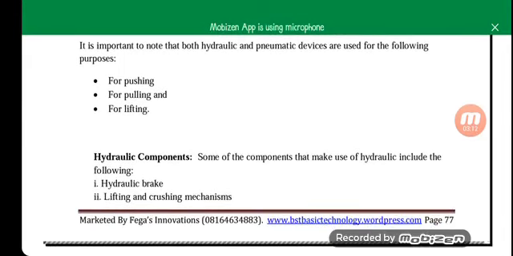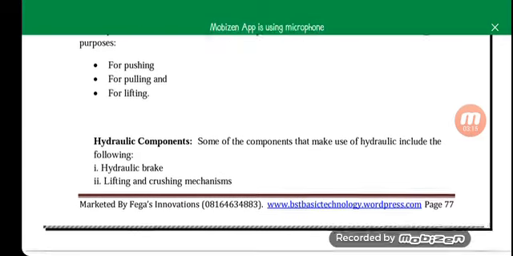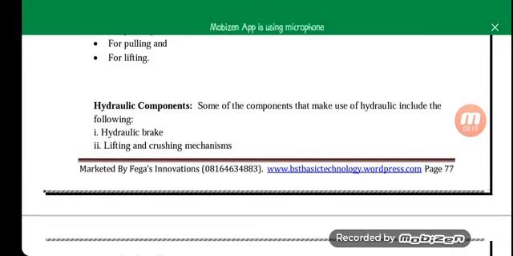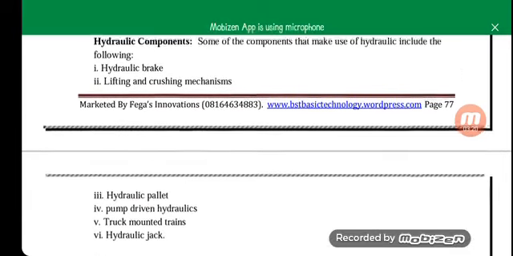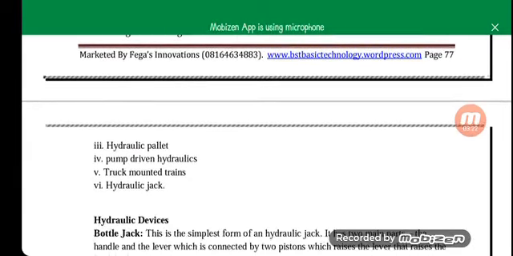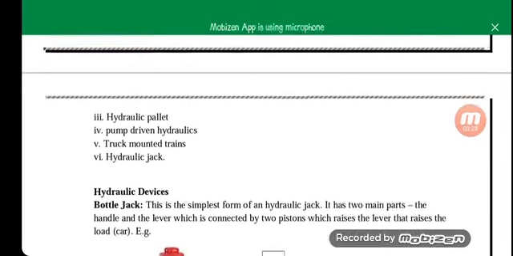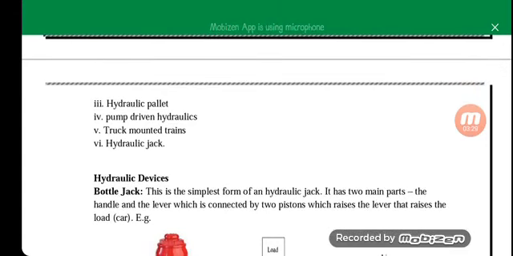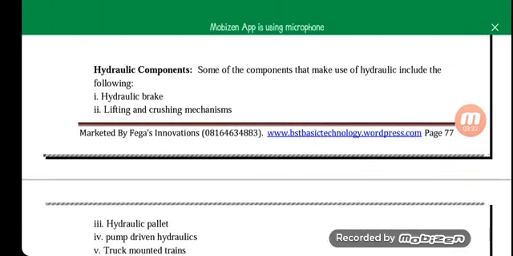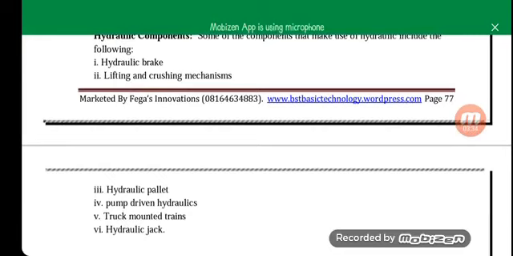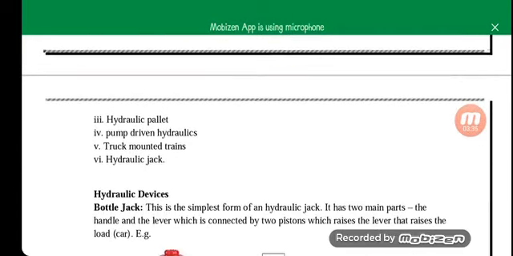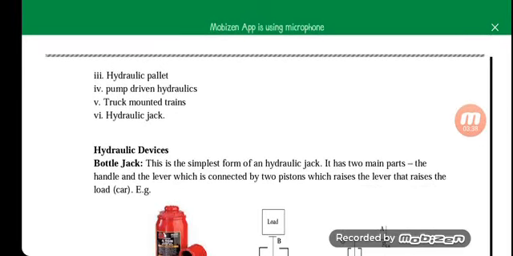Hydraulic components. The components that make use of it include the following: you have hydraulic brake, lifting and crushing mechanisms, hydraulic pallets, pump driven hydraulics, truck mounted trains, and hydraulic jack. You may not be familiar with most of these, but the one I'm very sure you may have an idea of is the hydraulic jack.